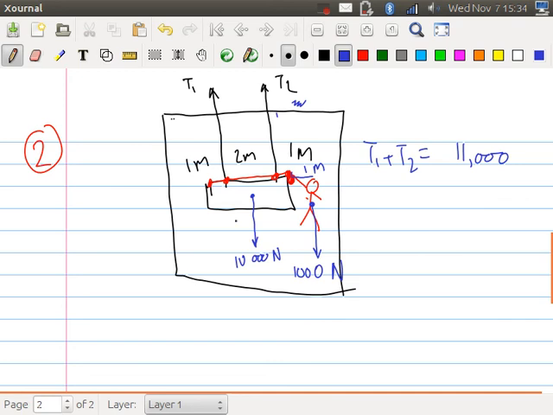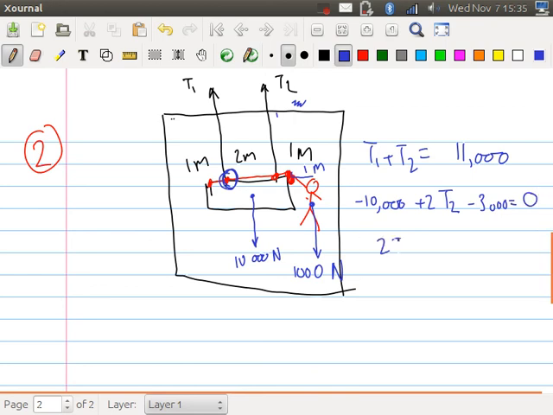And then the turning force. Let me take this as the center. The first one will be 1 multiplied by 10,000, and it'll be negative. And then the next one is this here, which will be 2 times T2. And then the next one will be the man, which is negative 3,000. And that should equal 0.